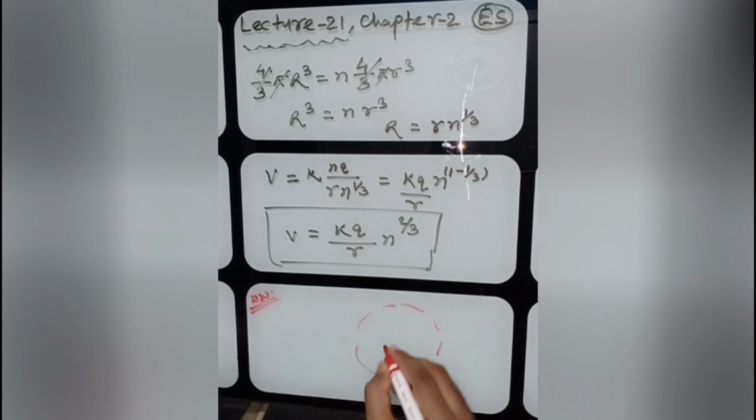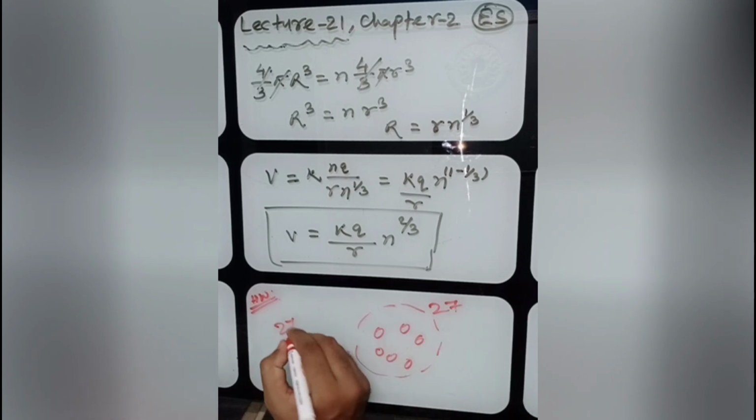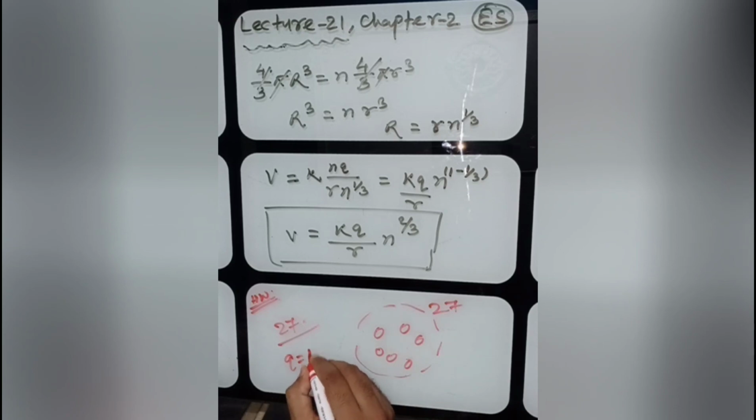In this system, small droplets, 27 charged droplets, the charge of each droplet q is 1 picocoulomb. My dear students, picocoulomb, I taught in the first class, pico means 10 to the power minus 12.